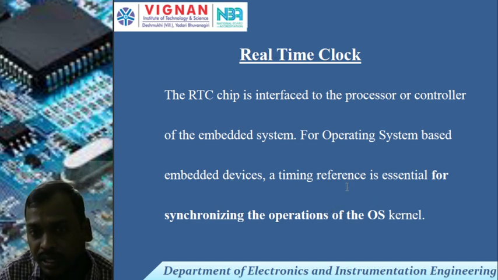Suppose we can send messages to others, listen to songs, watch videos, and play games on mobile phones. Here the real-time clock will communicate all the tasks. The OS kernel requires the real-time clock, and with its help it will communicate all the tasks and perform the operations.